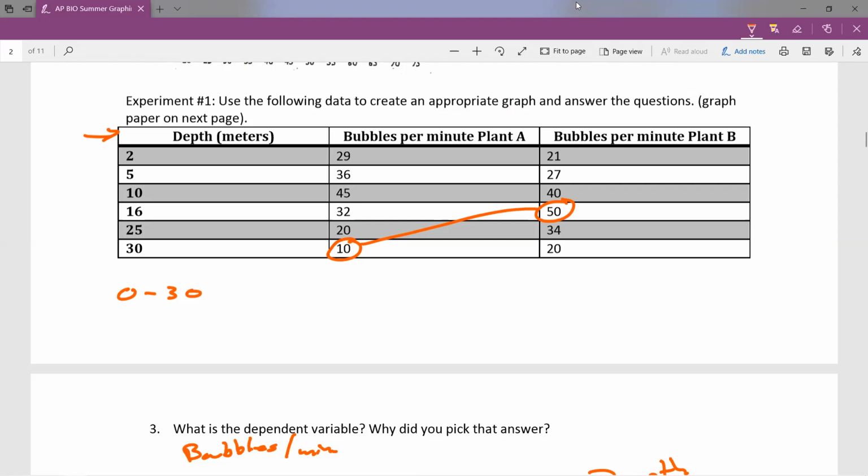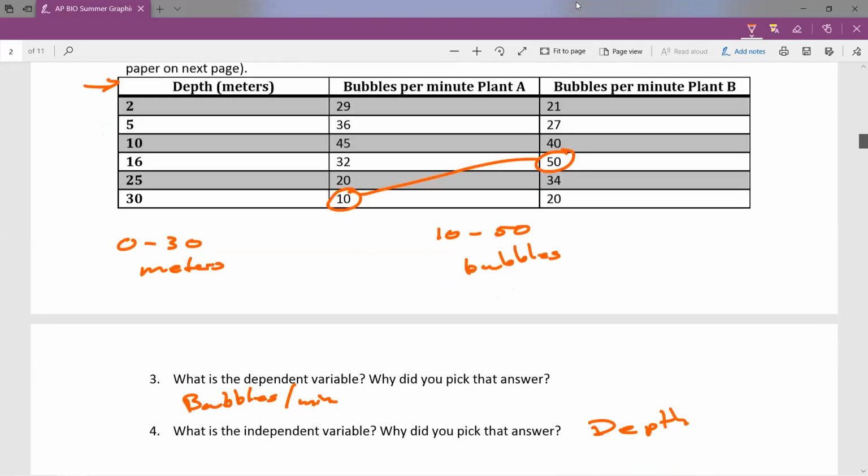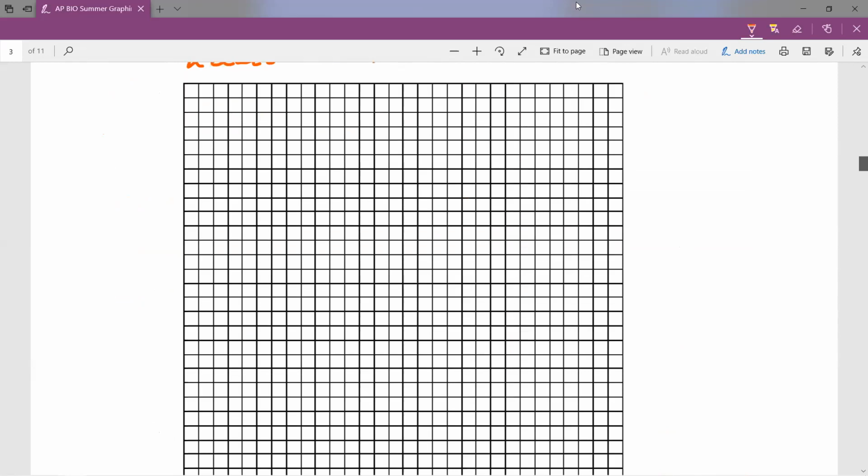If you're not following what I'm saying, you should ask. Now, we could go 0 to 50 if we wanted. So 0 to 30 on the meters and 10 to 50 on the bubbles.